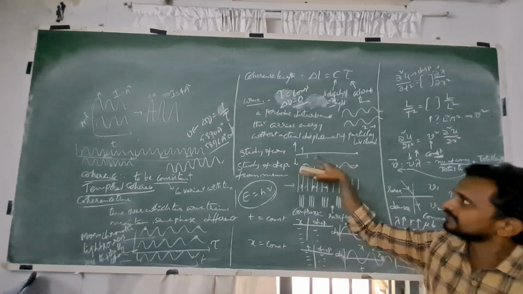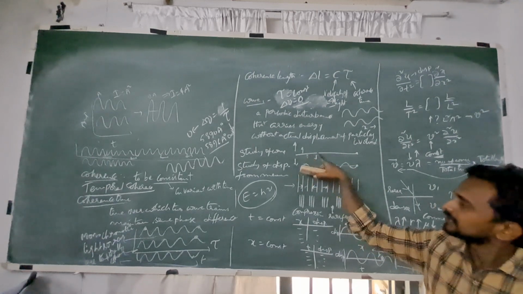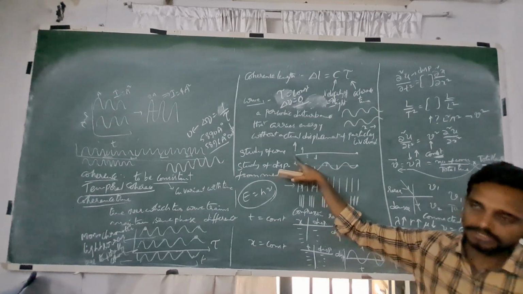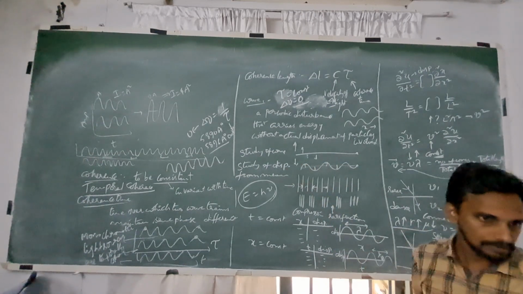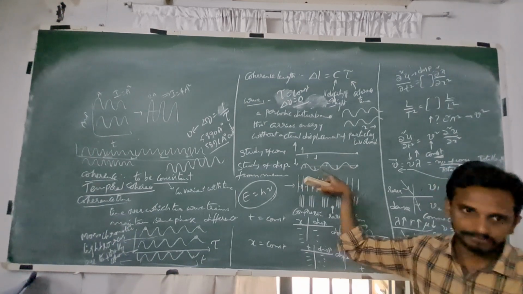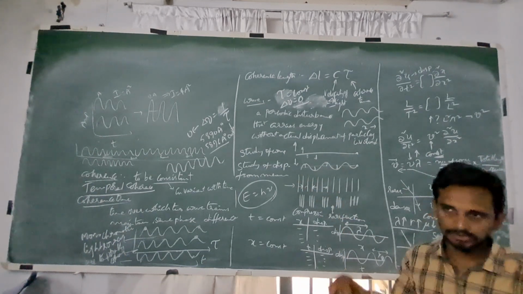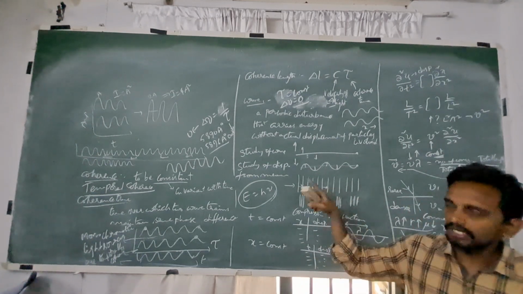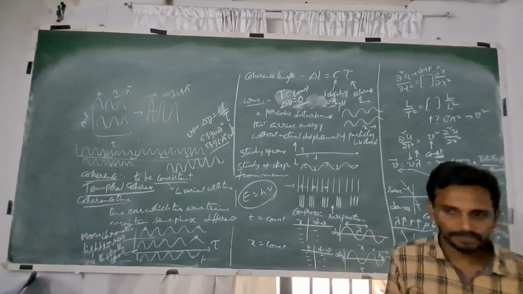So basically wave is a displacement from mean position. So if you take a string, it will be straight. When you generate a wave, there will be displacement from mean position. To and fro. There will be to and fro displacement from mean position. So study of waves implies study of displacement.